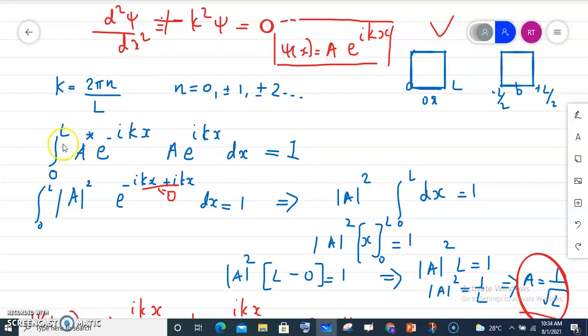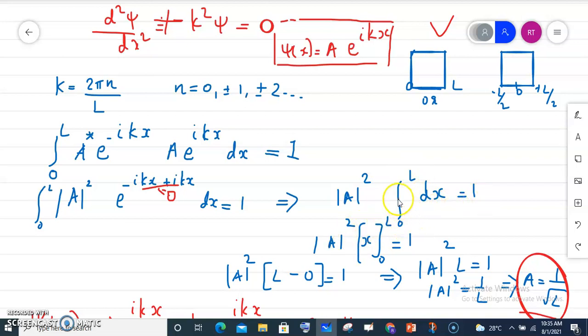As you know, the coefficient A star A is taken as mod A square, and you can see that e raised to ikx and minus ikx get cancelled. That means the integral becomes mod A square integral 0 to L dx is equal to 1.